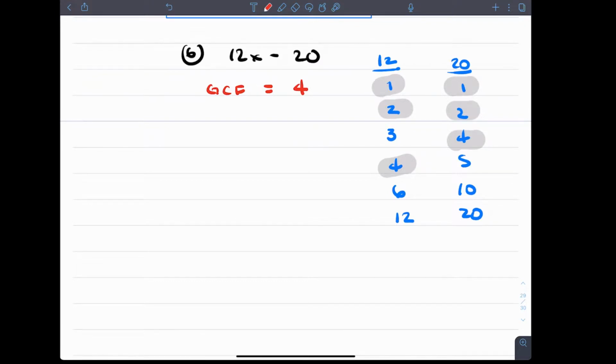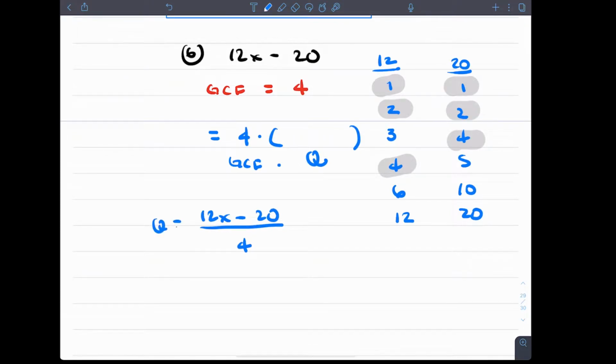Now we need the quotient. So I'm not even sure they would say 4 times what here? Do you guys know what I mean? That's really what? GCF times quotient. Okay? So you have 12x minus 20 here, ladies and gentlemen, divided by 4.